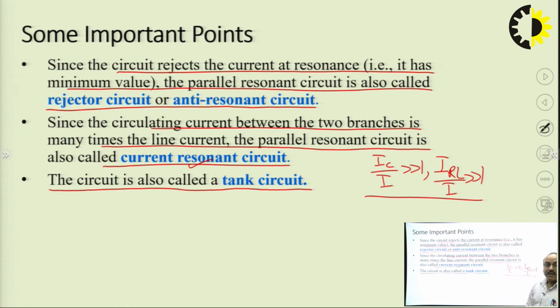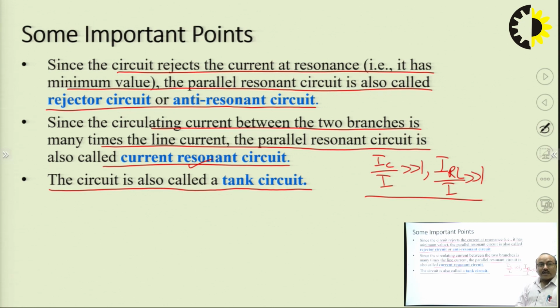So these are some important features or important points about parallel resonance, that this is just opposite to series resonance. That is why it is known as a rejector circuit, since the series resonant circuit is known as an acceptor circuit, and the reason for that we have already discussed: the series resonant circuit accepts maximum current, while the parallel resonant circuit accepts minimum current only.